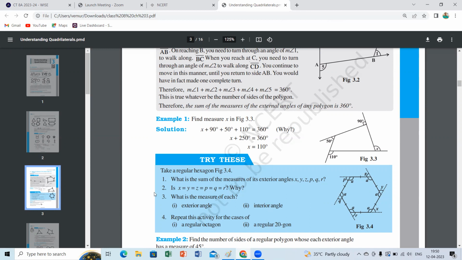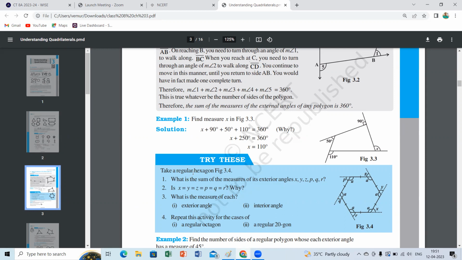Can we say X, Y, Z and P, Q all are equal? Because this is a linear pair, can we write everything as 180 minus A, 180 minus A, 180 minus A? Yes, we can say it is equal. What is the measure of each exterior angle?